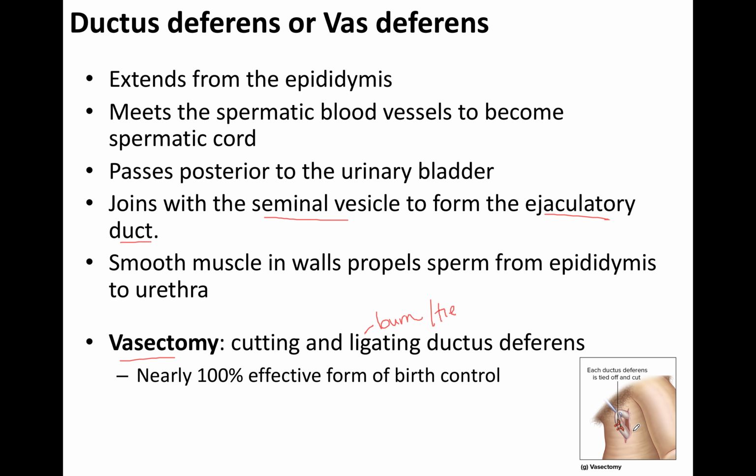So how they do this is the scrotum right here. They'll make a little incision in the scrotum, they pull out the ductus deferens, and they tie off the ends right here and right here, or they burn it so that those two ends are not actually connected together anymore.